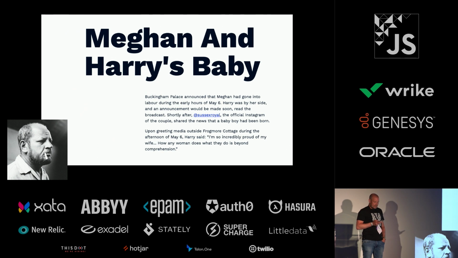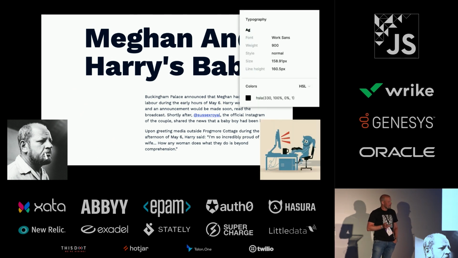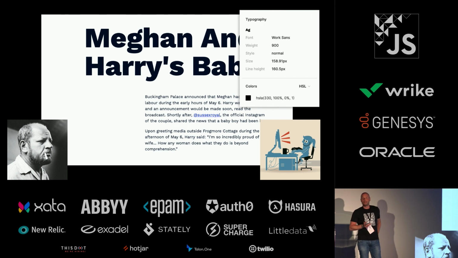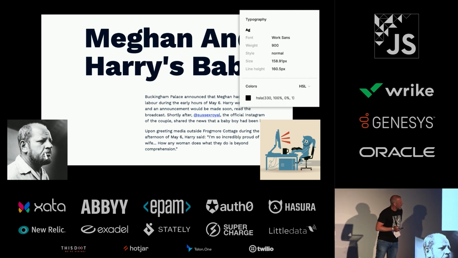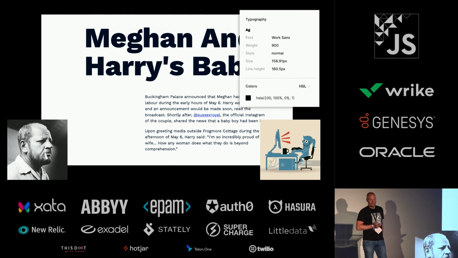And yes, here she comes again. Looks at this and says, okay, there's no name for the headline, and okay, the font weight is okay, but the font size is 158.91 pixels. Line height is 160.5 pixels, and the color, I'm not sure. Is that pure black or maybe not?